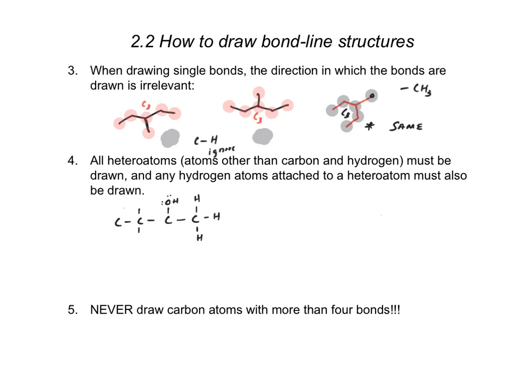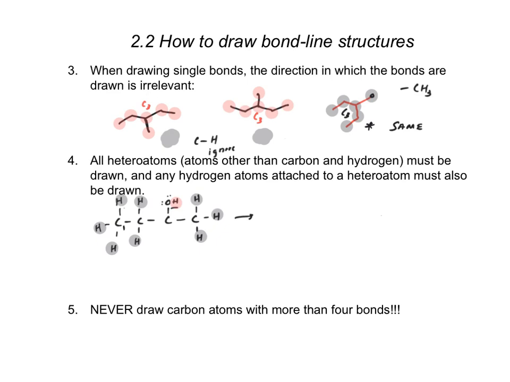So here we have an oxygen, right? And that oxygen also has a hydrogen bound to it. So when we go through this first step of removing hydrogens, we're not going to remove this guy. This guy's going to stay, right? So it's only these guys that are going to come off. Anything that has, or any heteroatom, so anything other than carbon that has a hydrogen, we're going to keep on in the bond line structure.